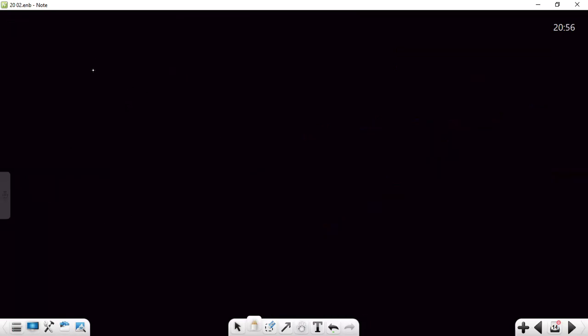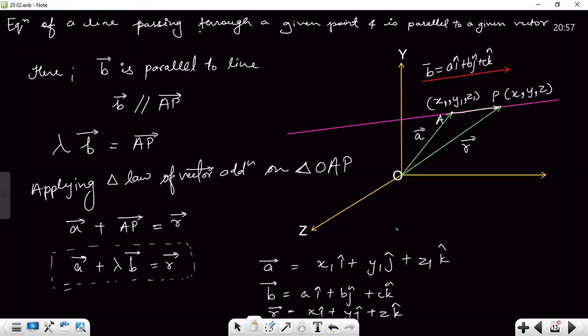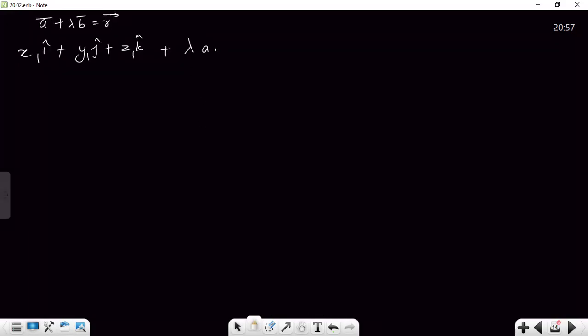So A vector plus lambda B vector equals R vector becomes x1 i cap plus y1 j cap plus z1 k cap plus lambda a i cap plus lambda b j cap plus lambda c k cap equals x i cap plus y j cap plus z k cap.